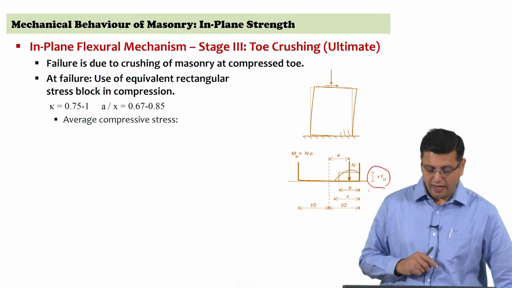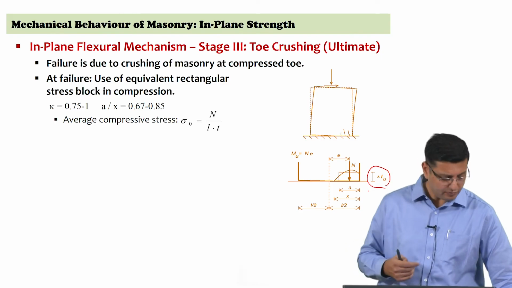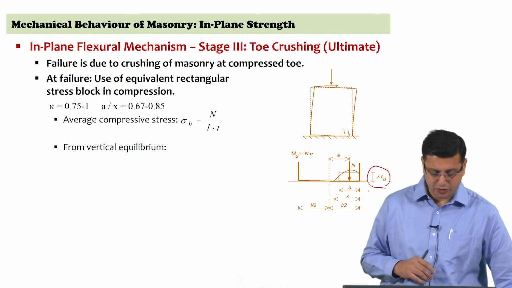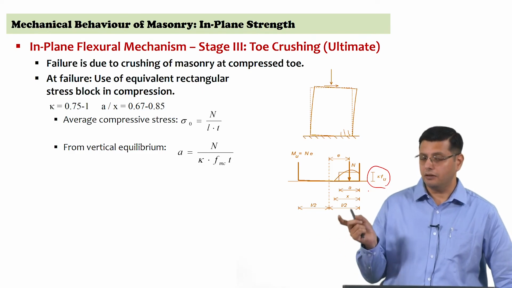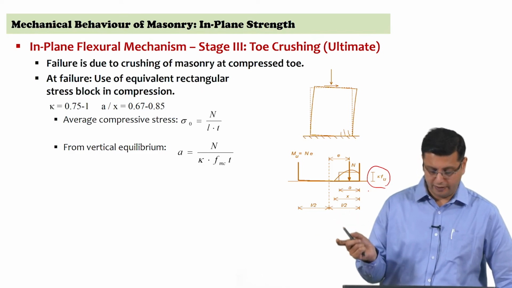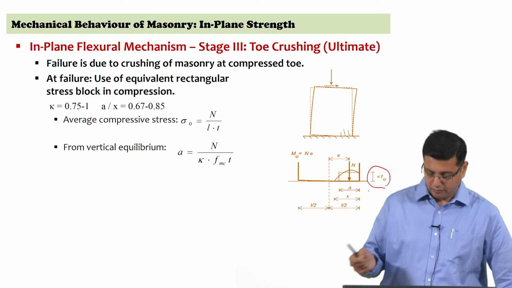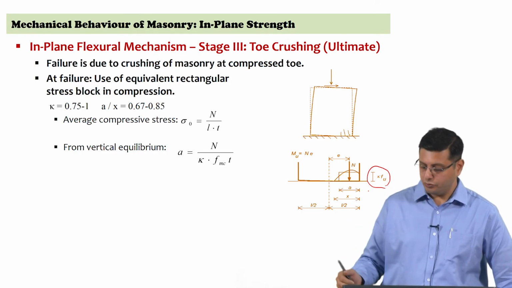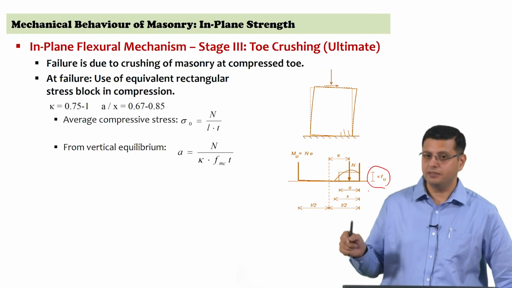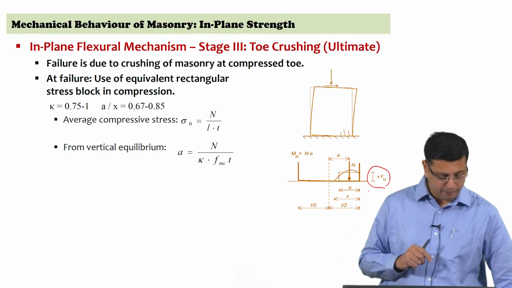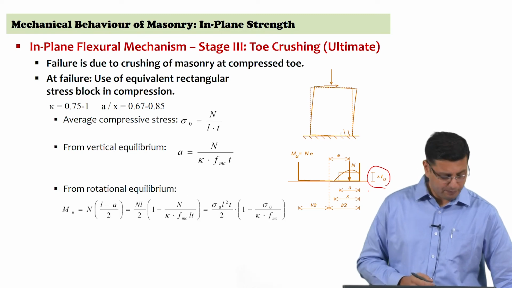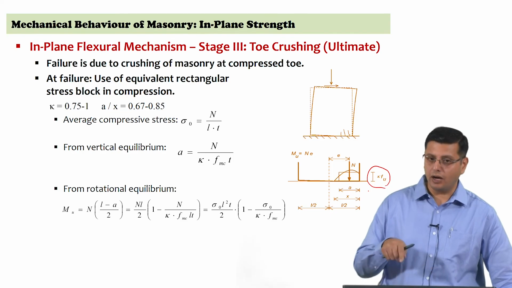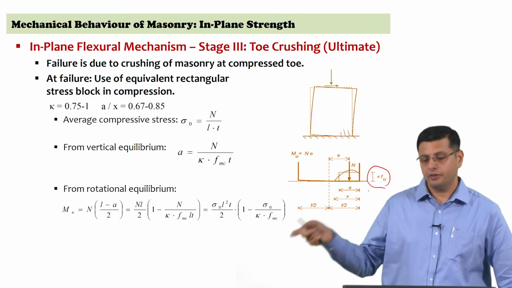So, the average compressive stress is the axial force divided by L into T, and from vertical equilibrium we now have equilibrium provided by the stress block itself. So, N is going to be divided by kappa into fmc, which is the compressive stress at the edge, into T, and from rotational equilibrium the ultimate moment can therefore be written down now as again N into the eccentricity.